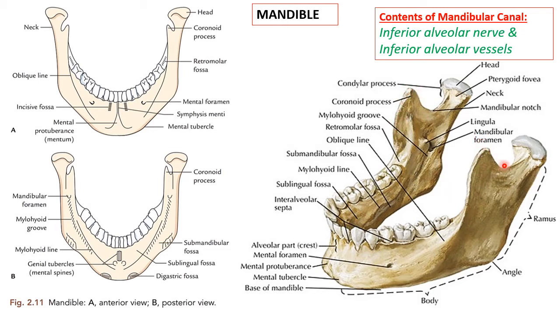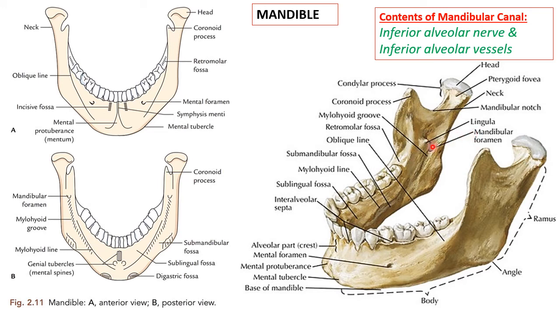The lateral surface of the ramus of the mandible is flat and has oblique ridges. That is due to the attachment of the masseter muscle. The medial surface, just above the middle of the ramus of the mandible, has a foramen called the mandibular foramen.